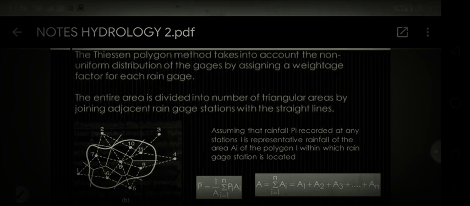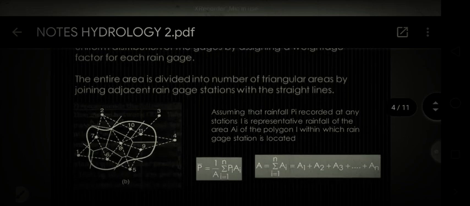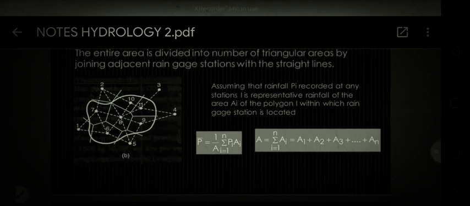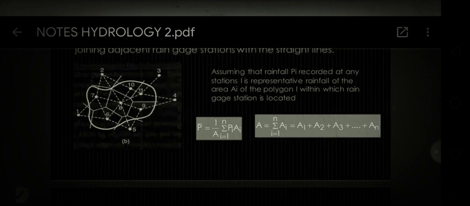The entire area is divided into a number of triangles by joining adjacent rain gauge stations with straight lines. Assuming the rainfall Pi recorded at any station i is representative rainfall of the area Ai of the polygon within which the rain gauge station is located.